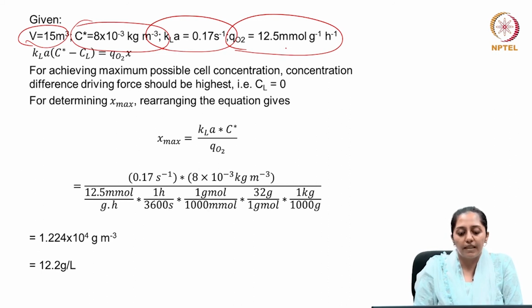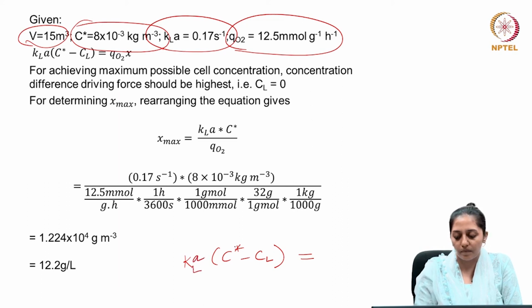Now, under steady state, we know that the oxygen transport rate, which is C star minus CL times KLA, is equal to QO2 times X. So, here X can stand for the X maximum and CL is 0.